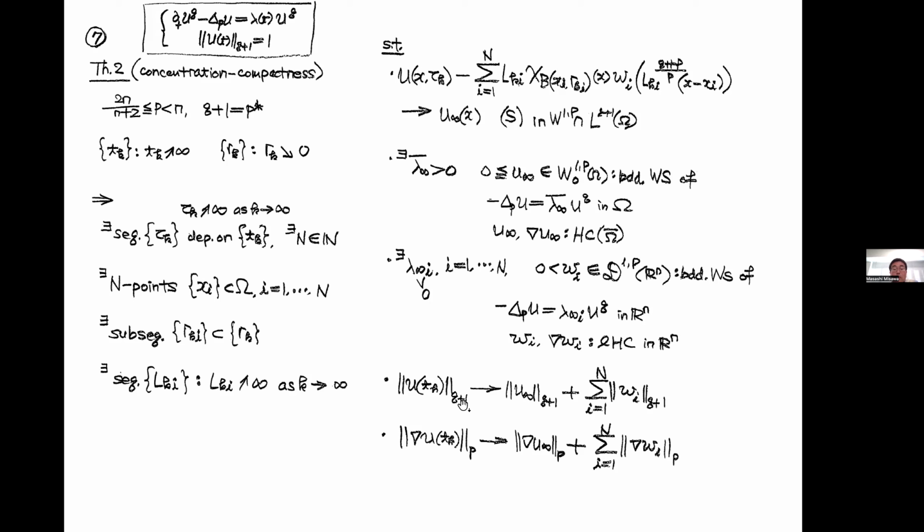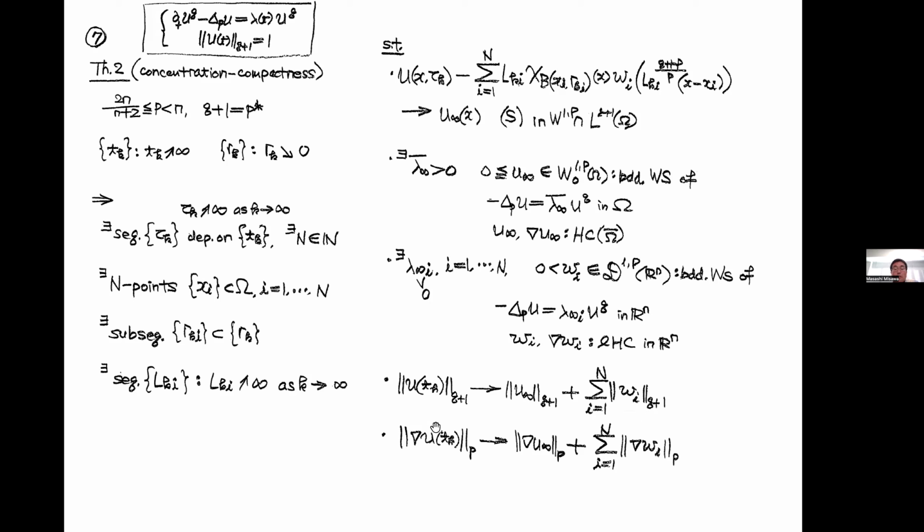Anyway, the q plus 1 integral on space of U tau k decomposes into the q plus 1 integral of U infinity, the q plus 1 integral of the body map infinity, plus the concentration function. Precisely, it is the summation of the q plus 1 integrals of the concentration functions Wi.